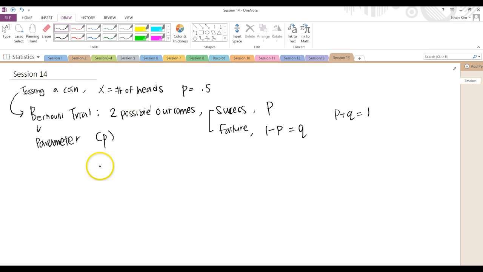And if we were to do this multiple times, say flip a coin 5 times, then we call that a binomial distribution. So the binomial distribution is n independent Bernoulli trials.